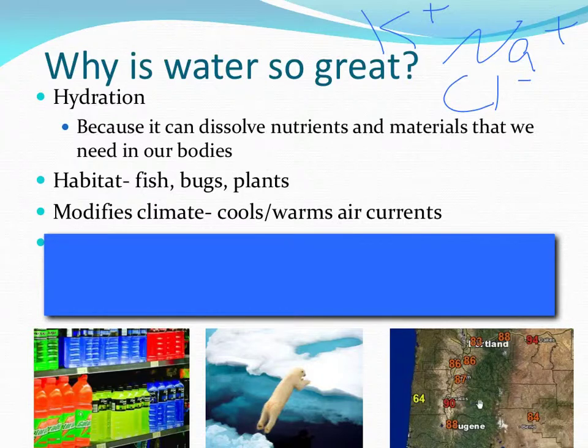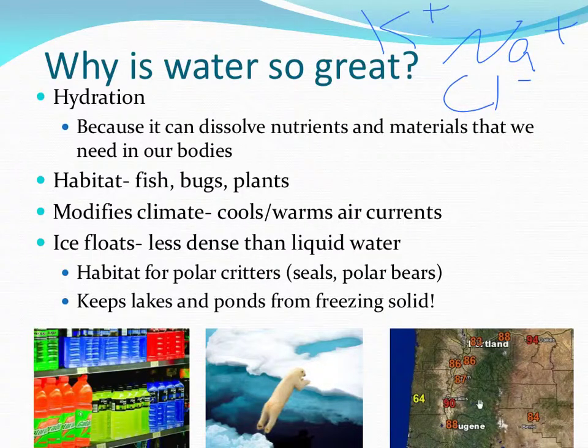And then, of course, water is also pretty good because it provides extra habitat because it floats. Ice is actually less dense than liquid water, which may seem like something we can take for granted, but for example, dry ice, which is frozen carbon dioxide, sinks, but frozen water floats, and that's a really good thing. So not least of all, it provides habitat, right? So things like polar bears and seals and other stuff that live under the ice and eat algae that grow on the ice, obviously that's really important.